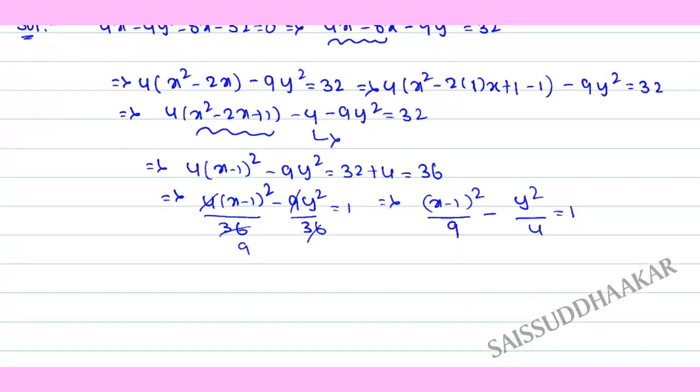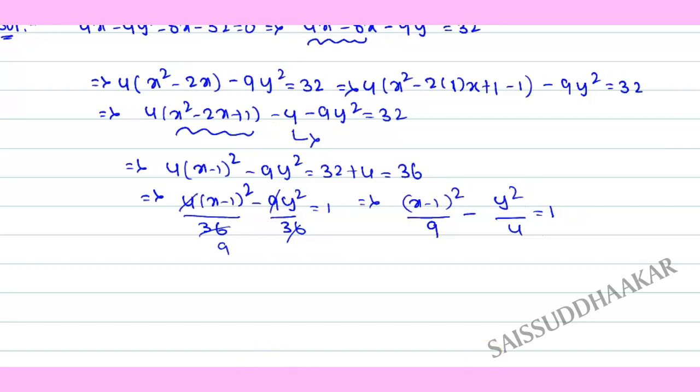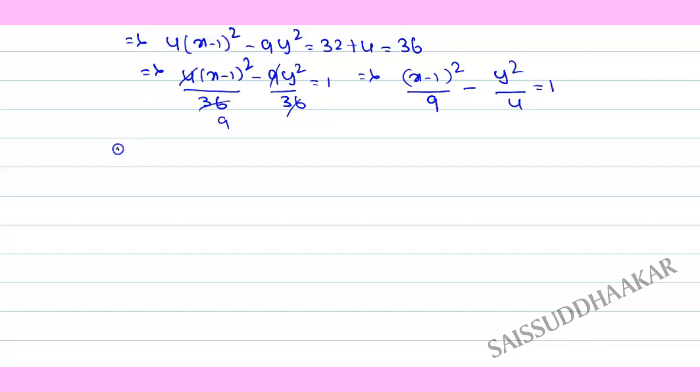So here the condition is x minus h whole square by a square minus y minus k whole square by b square is equal to 1. I am comparing this with the formula, right? So here we are getting h value is 1.